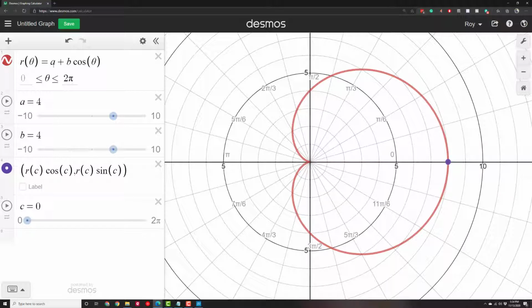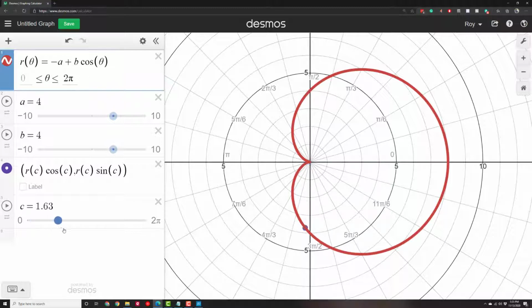If instead I put a negative A here, notice that point moved. But when I carve out the path, it still carves out an entire circuit from 0 to 2 pi. So the point is the sign of A just moves the initial point of drawing. That's all. It just adjusts where we start drawing.